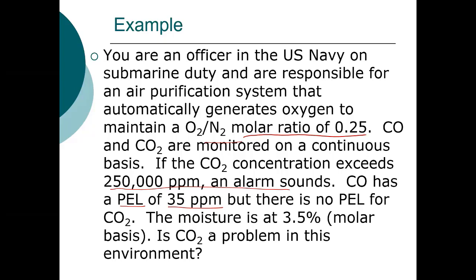It's a good question. So what do we know? What components do we have in this environment? What are the gases? We've got oxygen, right? We've got nitrogen. We have carbon monoxide. We have carbon dioxide.